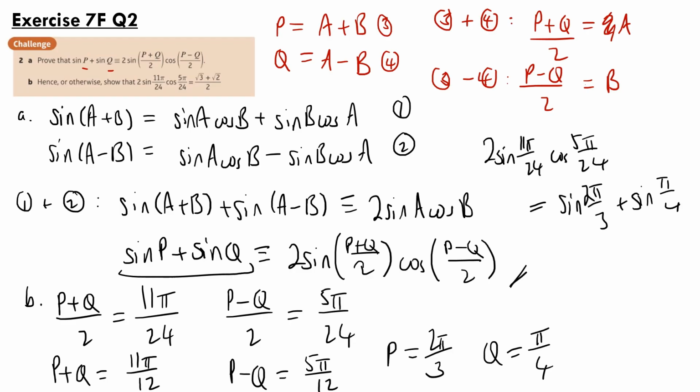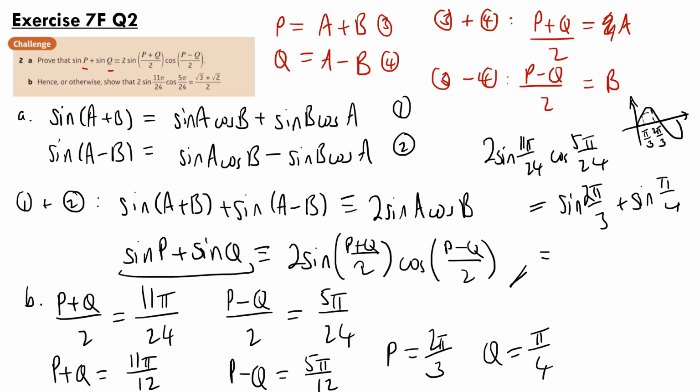And using your exact values, sine of 2π/3, if we look at the graph of sine, or your CAST diagrams if you prefer, 2π/3 is here. So reflecting that in the line x equals π/2 will give us the other value here on this side being π/3.